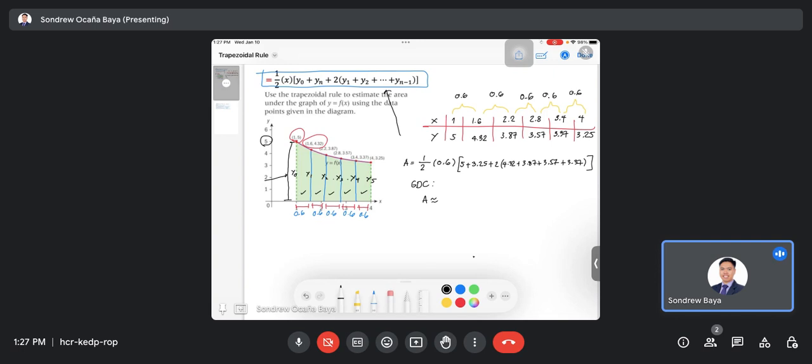And once you do so, you would be able to get an answer which is equal to 11.6. What's the unit? The unit given here, oh, there's no unit given. As such, we can just say unit, and since it's area, squared. Okay, and that's it. Pause this video and copy down notes if you need to.